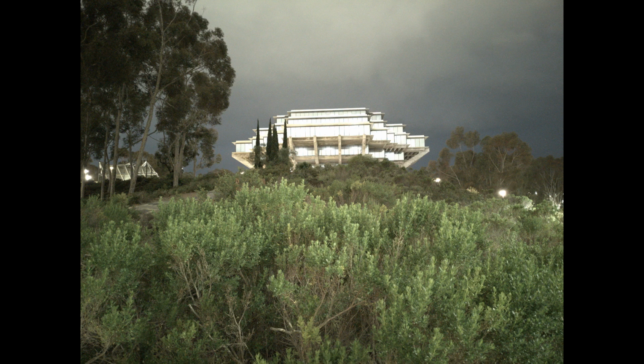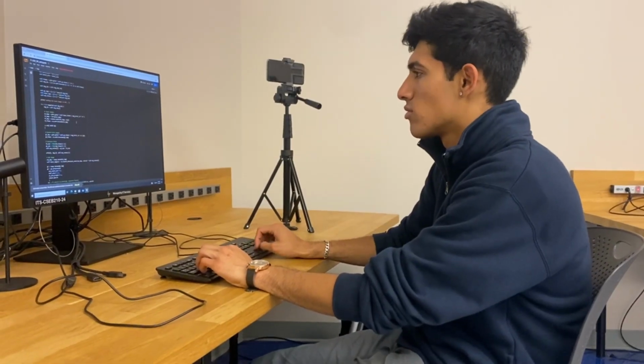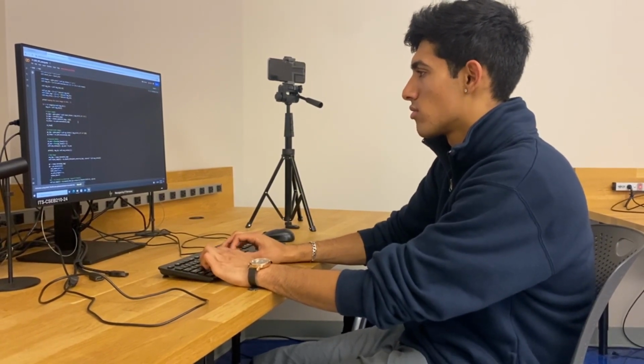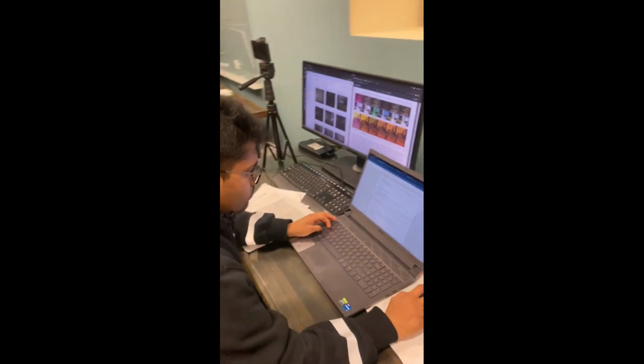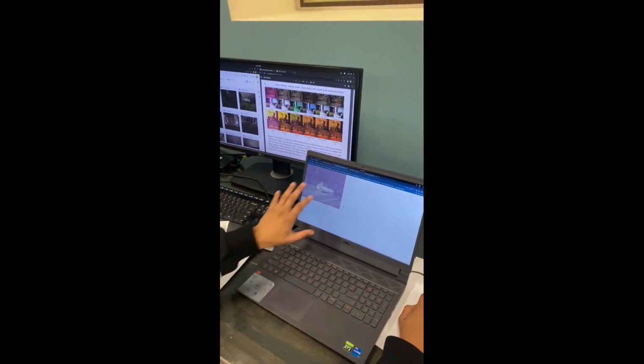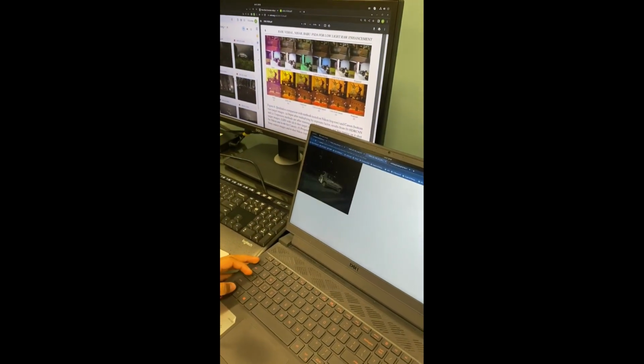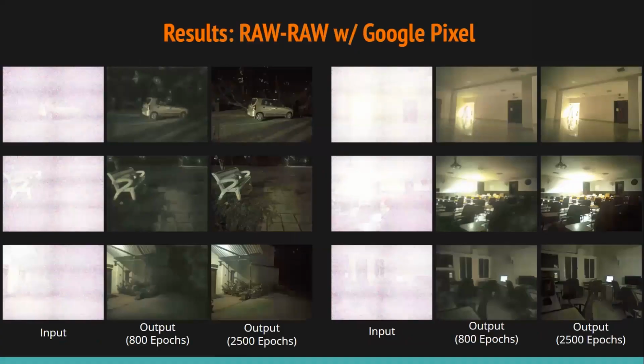And voila, here's the long exposure image. Here's me implementing some code for our MVP in the VR lab. And here Vishal is running a training on a Nautilus pod in the computer vision lab, and you can see some of our model's output results here.